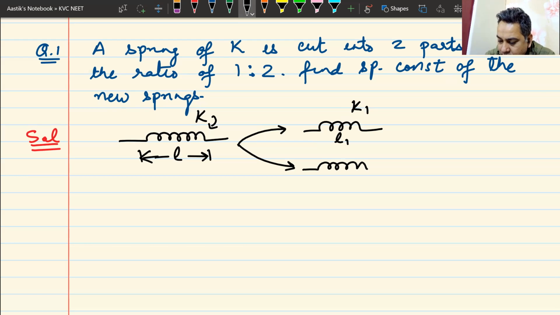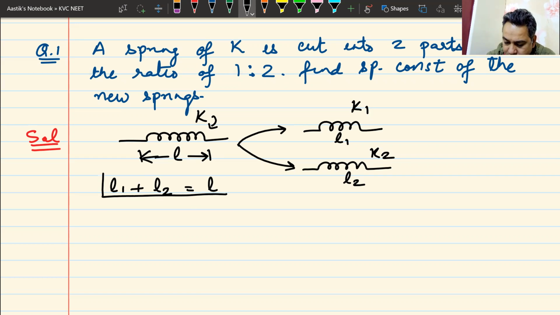This is spring K2, whose length is L2. I know that L1 plus L2 is equal to L. If I add the length of two springs, I'll get the length of the spring. And the ratio L1 by L2 is 1 by 2.